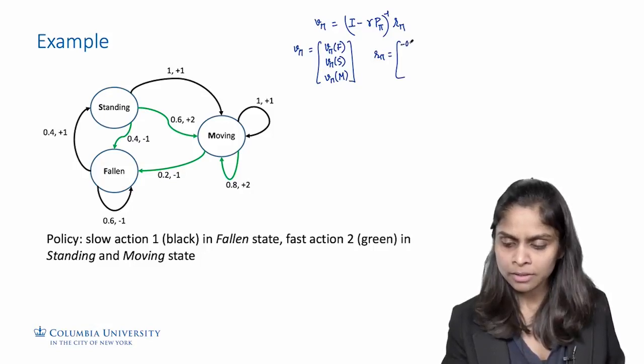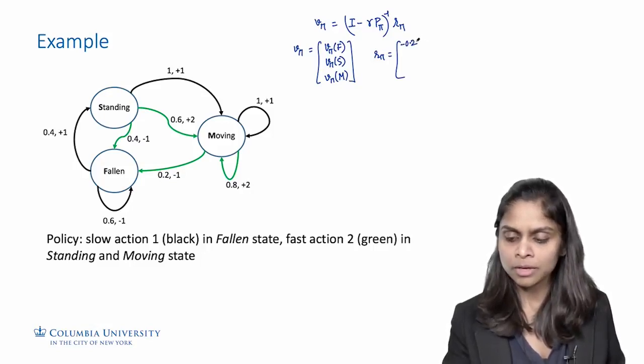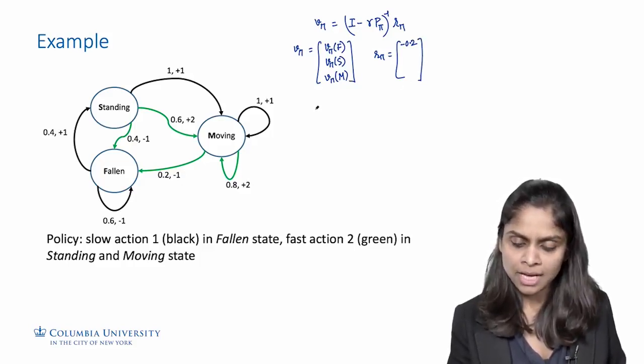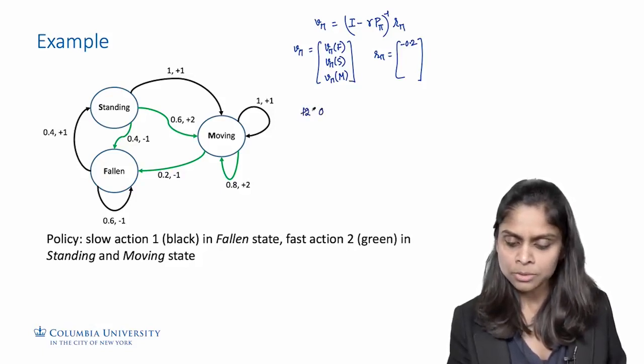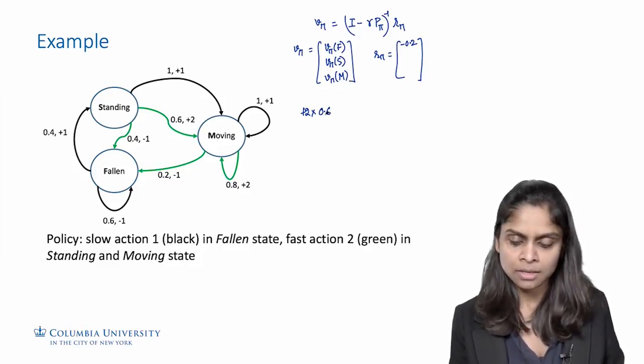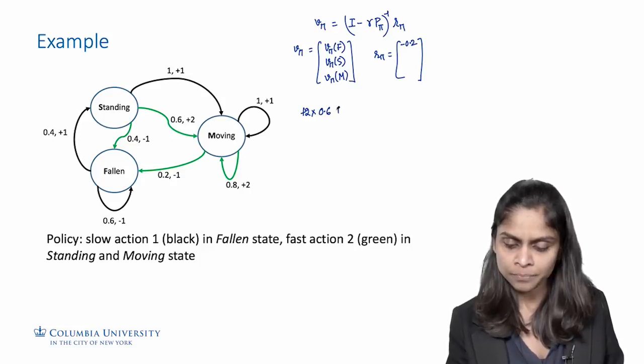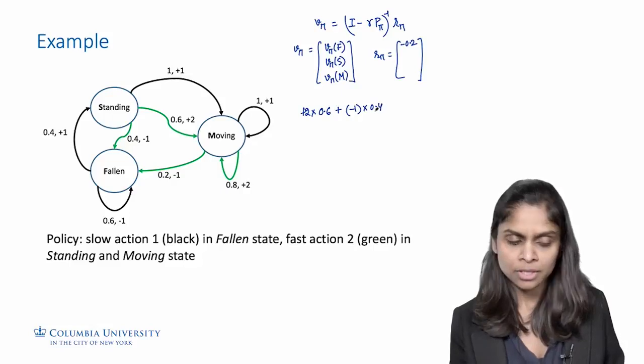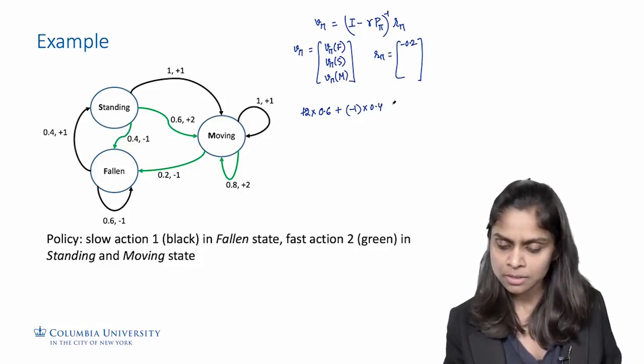We already calculated earlier the expected immediate reward of this policy in the fallen state, which was minus 0.2. For the standing state, the expected immediate reward is plus 2 with probability 0.6, because this is the probability with which the fast action, the green arrow, takes the state to the moving state. And it's minus 1 with probability 0.4, that's when it goes to the fallen state next.